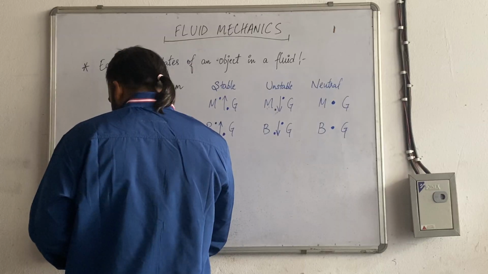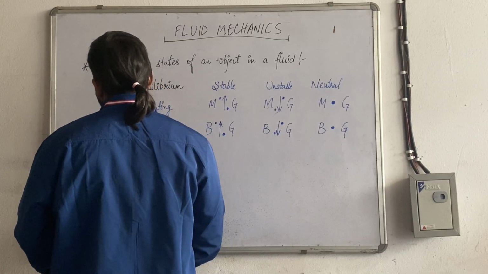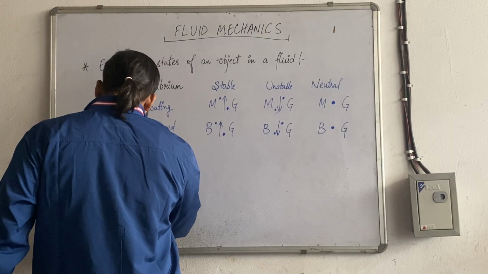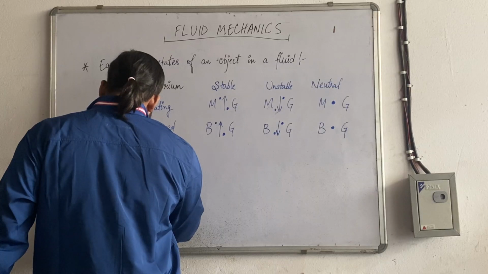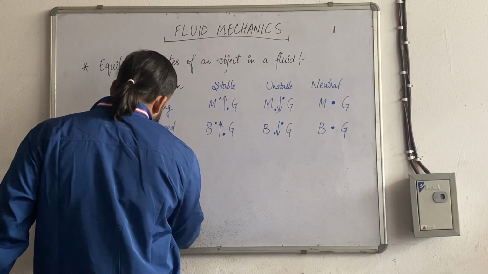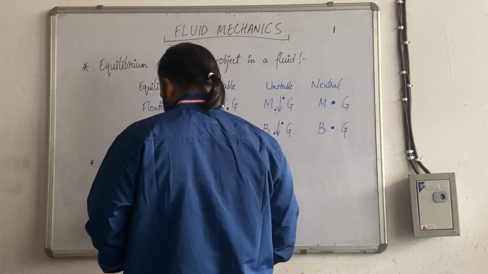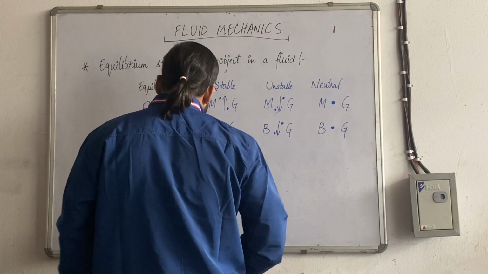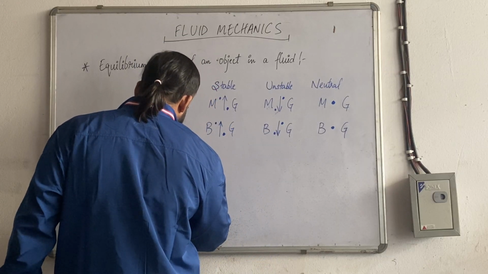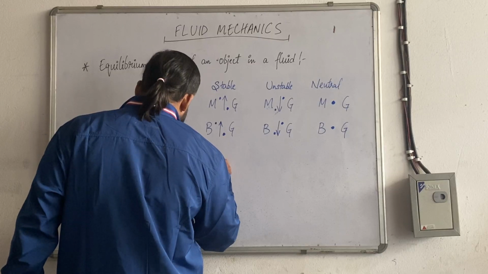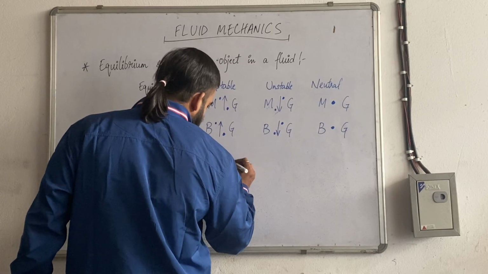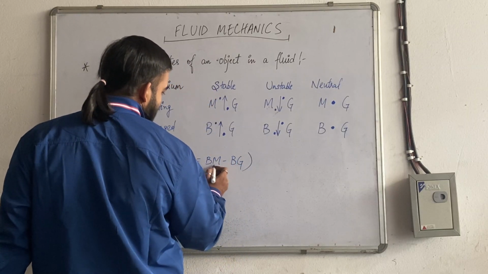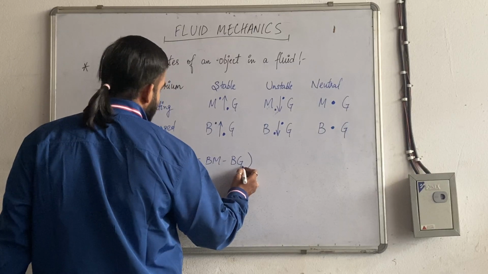With this comes into picture metacenter. What is metacenter? Metacentric height is the distance between center of gravity and metacenter, which can be calculated as GM is equal to BM minus BG, where this is the distance from metacenter and this is the distance from center of gravity.